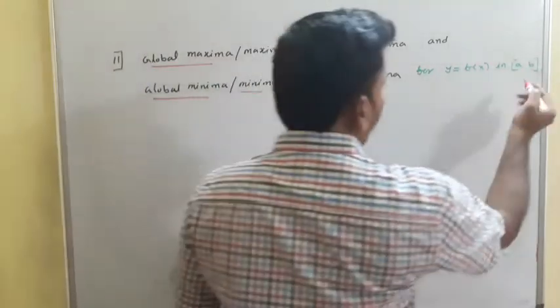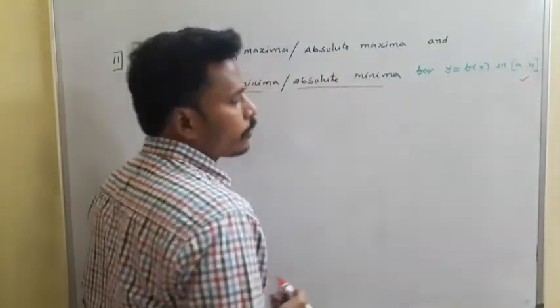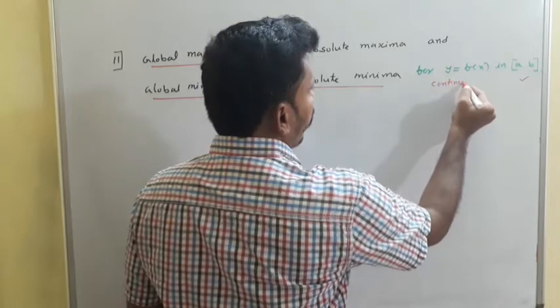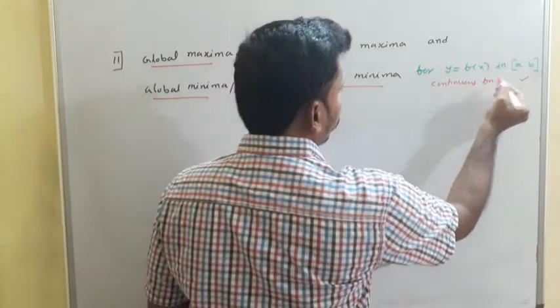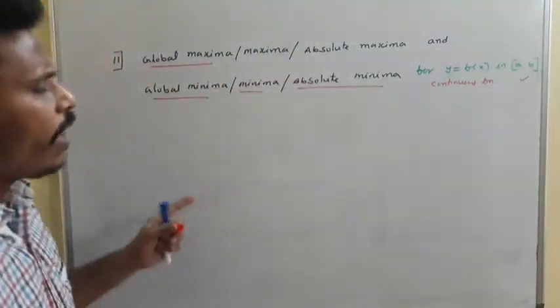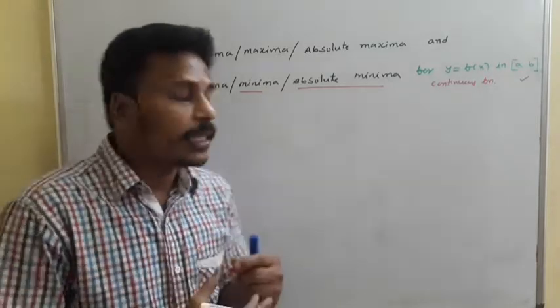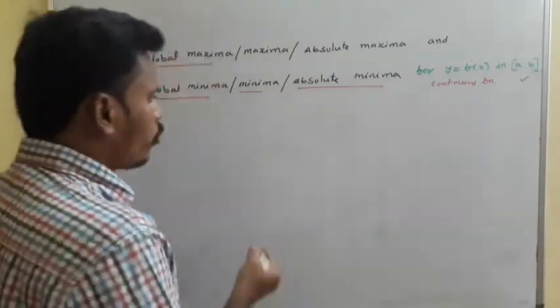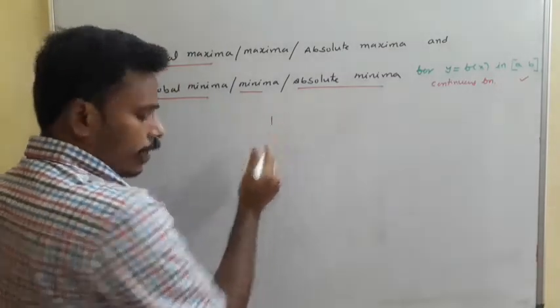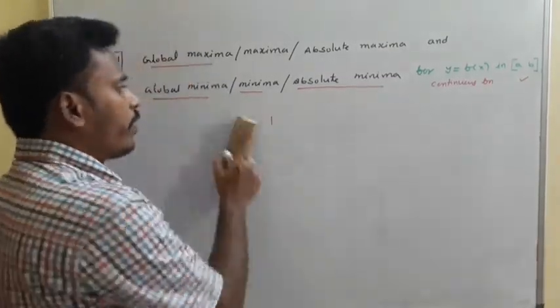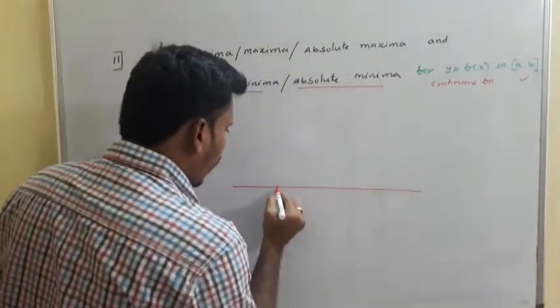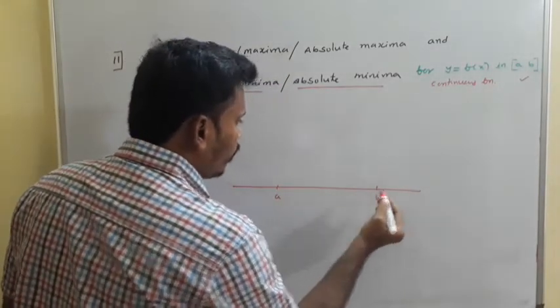For y equals f of x in the interval a, b, particularly where f of x is a continuous function. See, we have an interval ab. In that interval ab, we need to find out global maxima. Just think about this: I have the x-axis, and I have an interval ab, somewhere I have a here, somewhere I have b here.